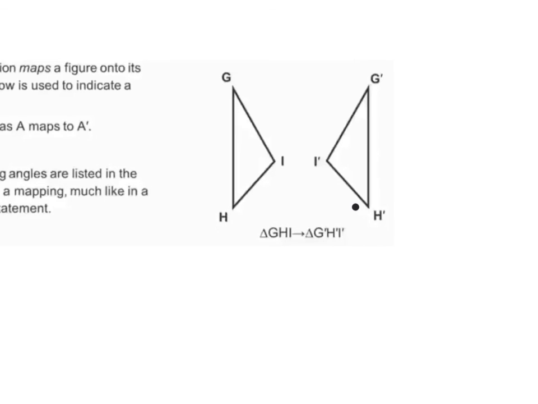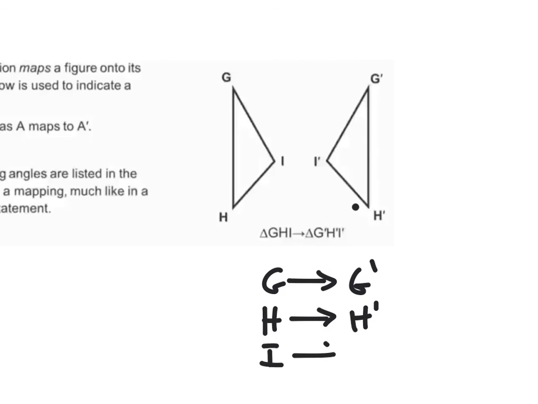From triangle GHI to triangle G prime, H prime, I prime, that tells me that G maps to G prime, H maps to H prime, and I maps to I prime.